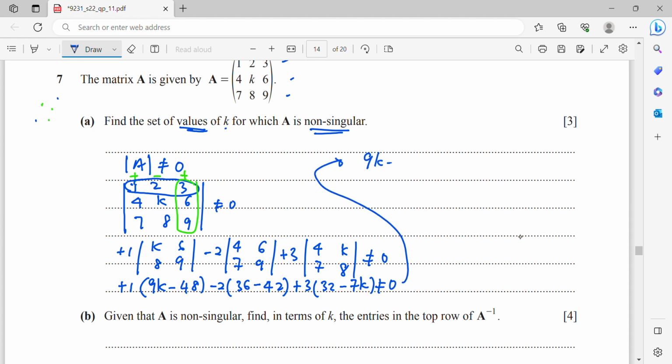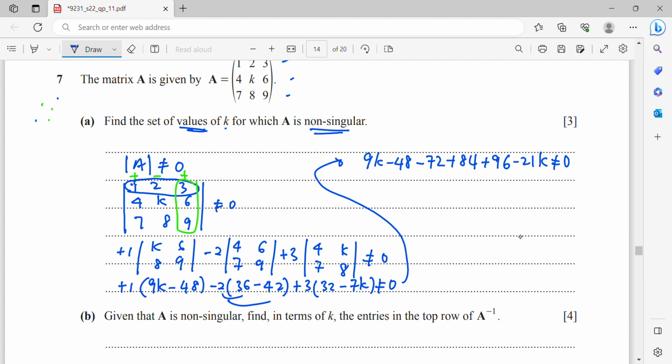So now I continue over here. 9k minus 48. When you multiply in, I will get plus negative 72. Then minus 2 times minus 42 will be plus 84. Then 3 times 32 will be plus 96. Then the other one is minus 21k, which is not equal to 0.